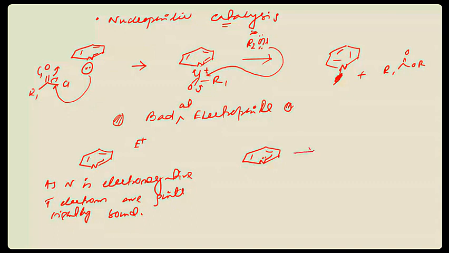It will generate a positive charge in the ring. That positive charge is delocalized over the ring, and one time it will come over the nitrogen atom. That's not favorable. Basically, the intermediate will be highly unstable, so it is very bad at electrophilic substitution.